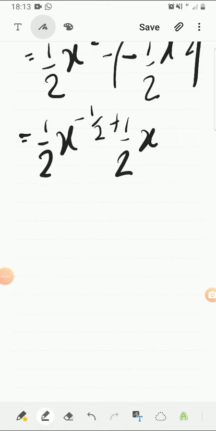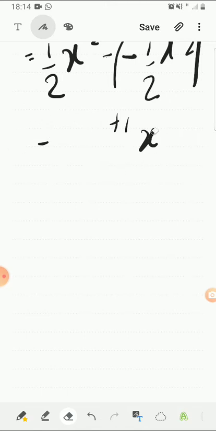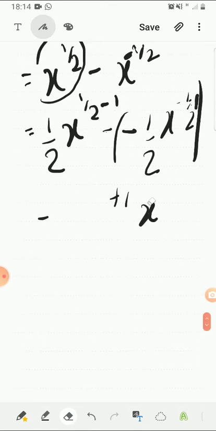Now we're going to use fractions to be sure of what we did over here, so we will not just do guesswork going forward.